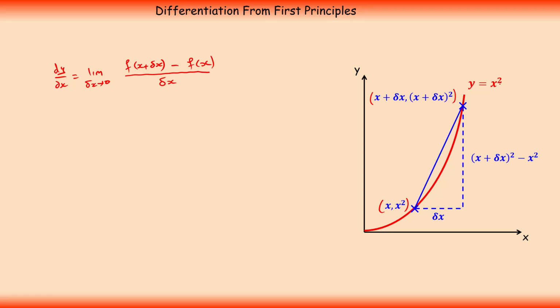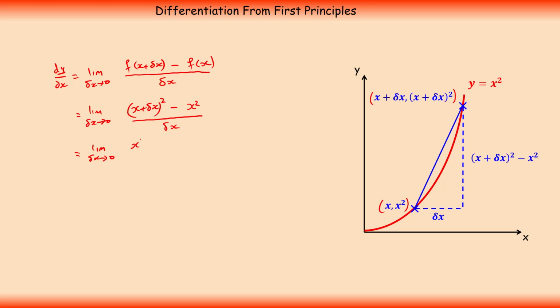Our function y is equal to x squared, so we can write the limit as delta x tends to 0 of our function, that's x plus delta x, all squared, minus x squared, all divided by delta x. So that's equal to the limit. We always write the limit, don't forget that.